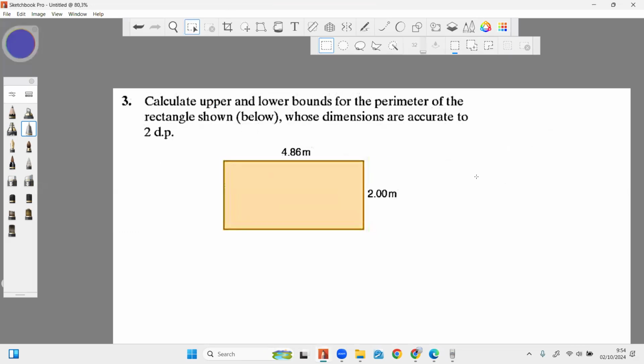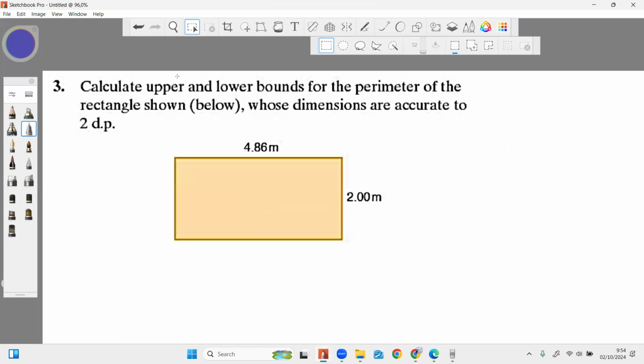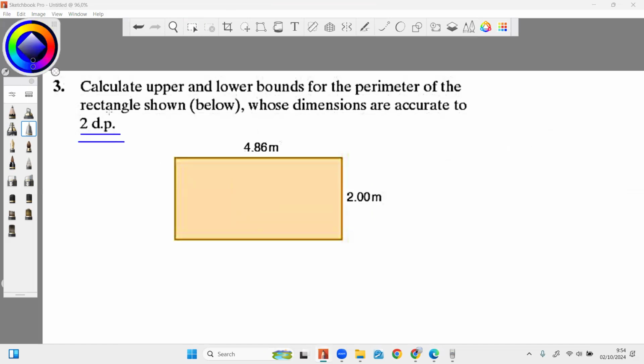Then you have to list down the length and the width, and it is corrected to 2 decimal place. Therefore, it's quite simple. You don't have to focus on the plus minus. Make a table: length, width, lower bound, upper bound.